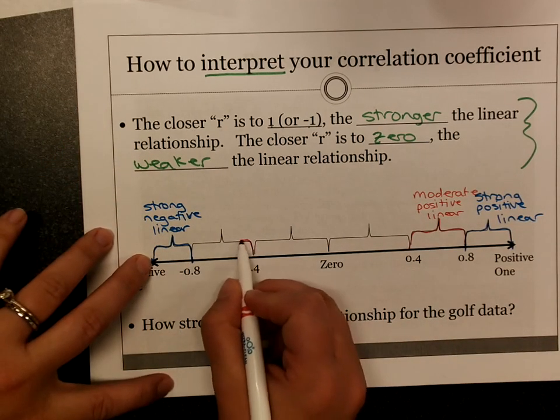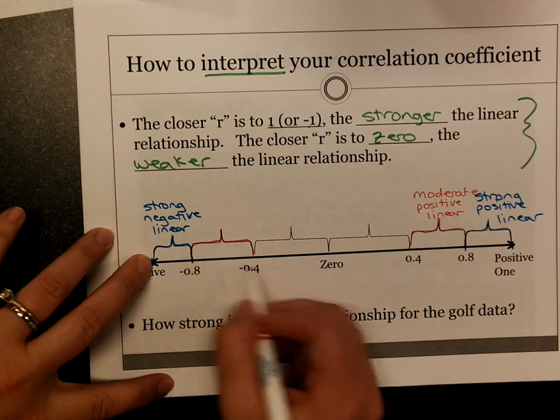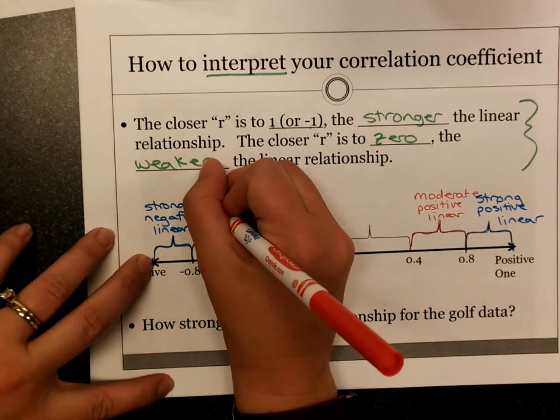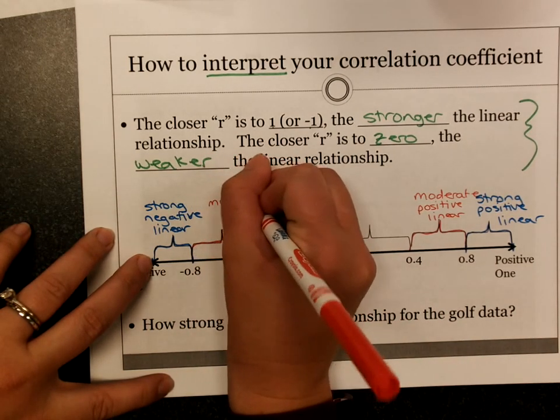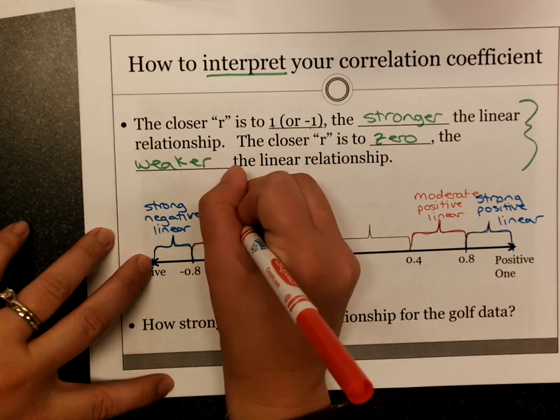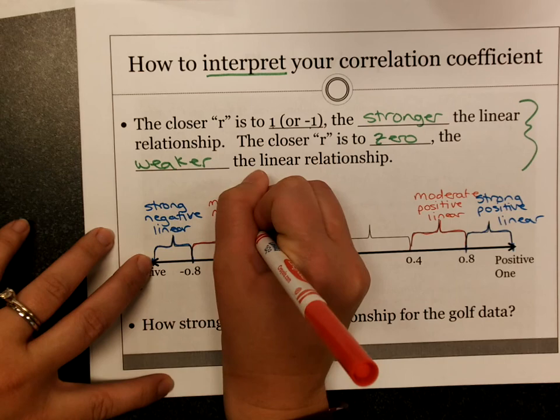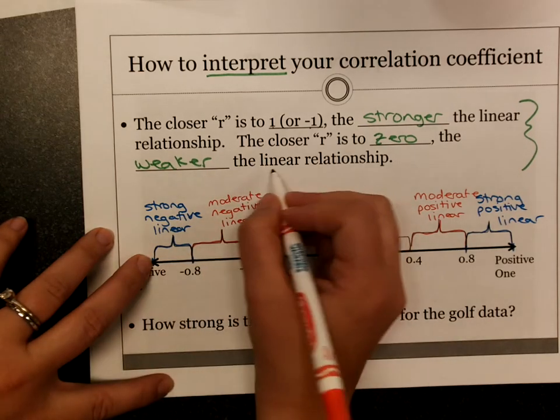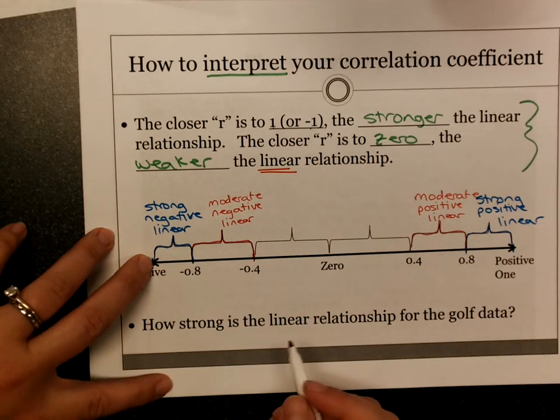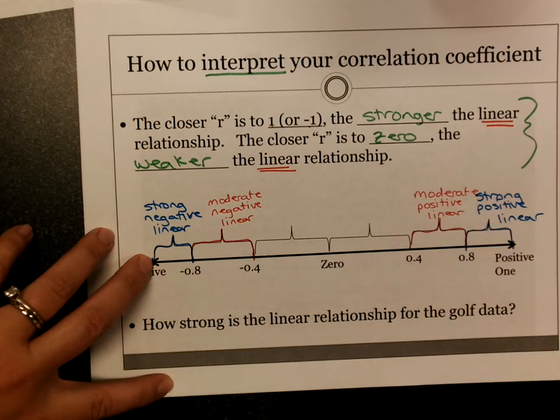Anything between negative 0.4 and negative 0.8 is considered a moderate, negative, linear relationship. I keep emphasizing linear because this value will only judge linear relationships.